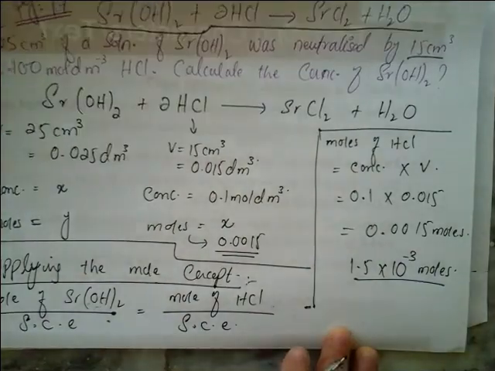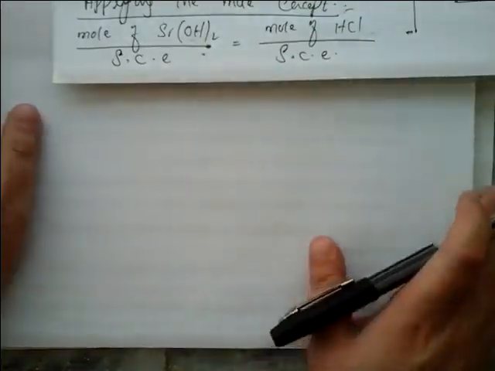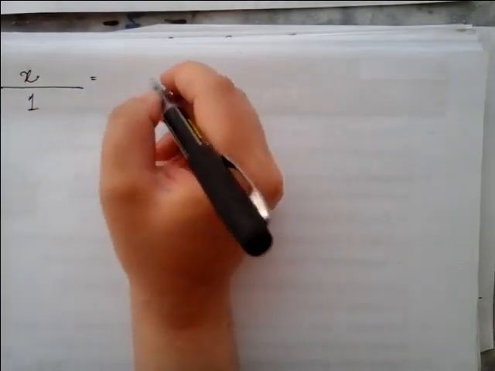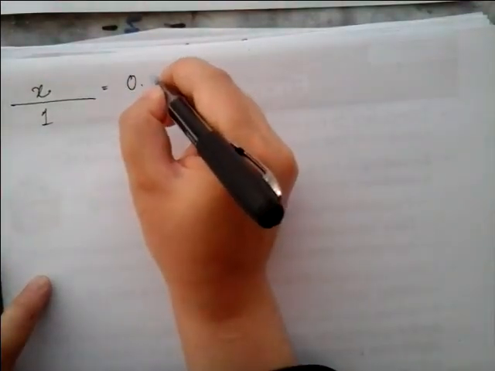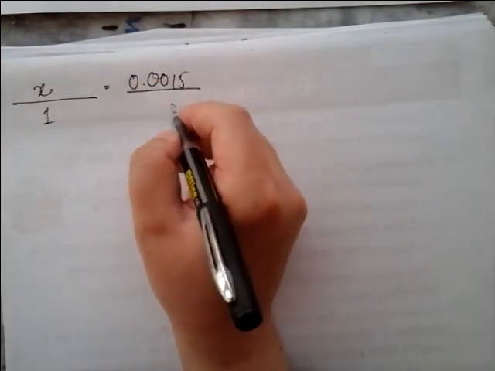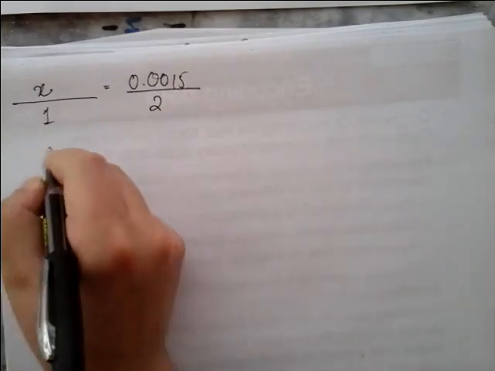So we will put the moles of strontium hydroxide as x because we do not know it, and the stoichiometric coefficient is 1. The moles of hydrochloric acid is 0.0015, divided by its stoichiometric coefficient, which is 2.